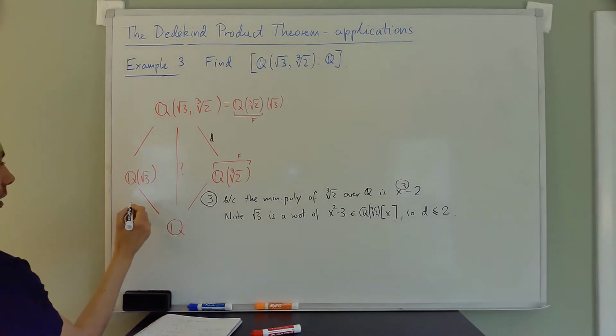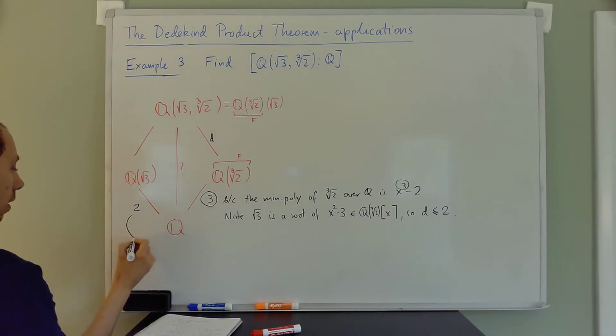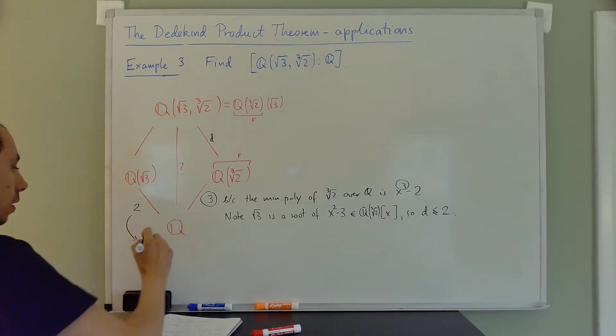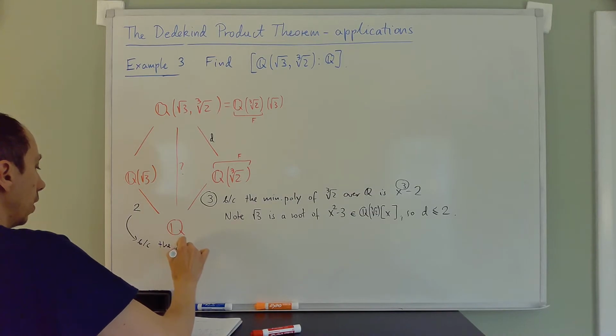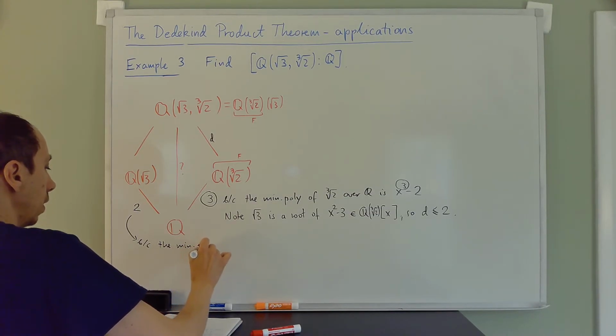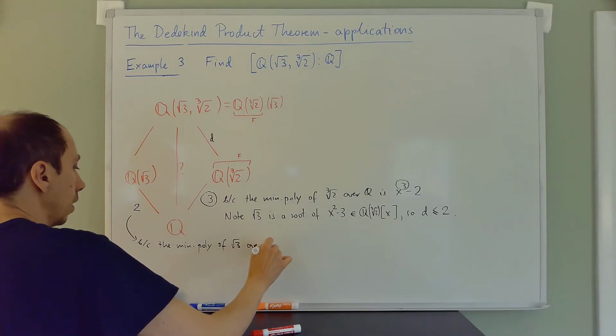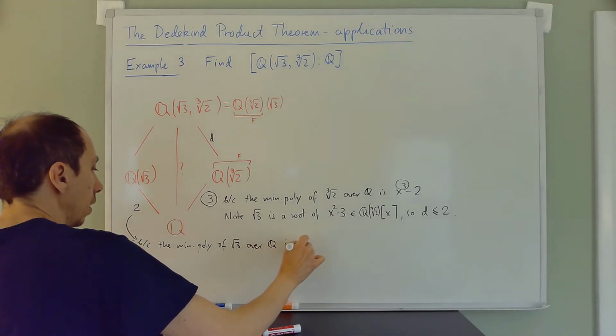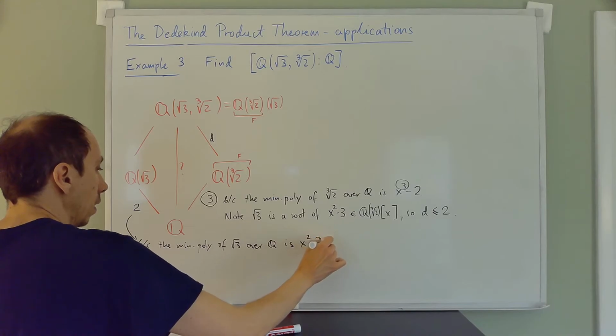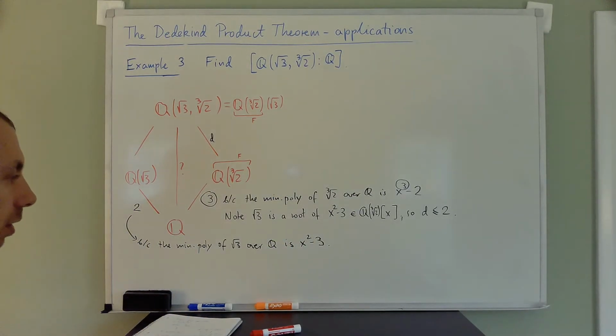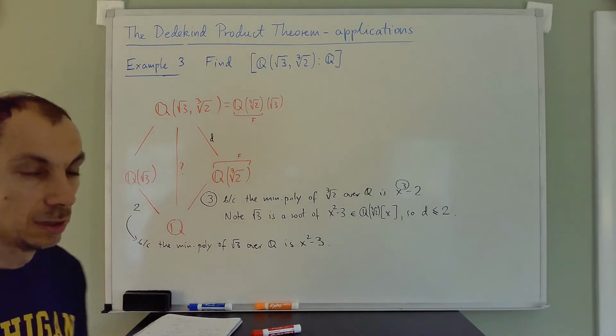So what's the degree here? The degree here is 2, because the minimal polynomial of square root of 3 over Q is x squared minus 3, right? So the degree here is 2.